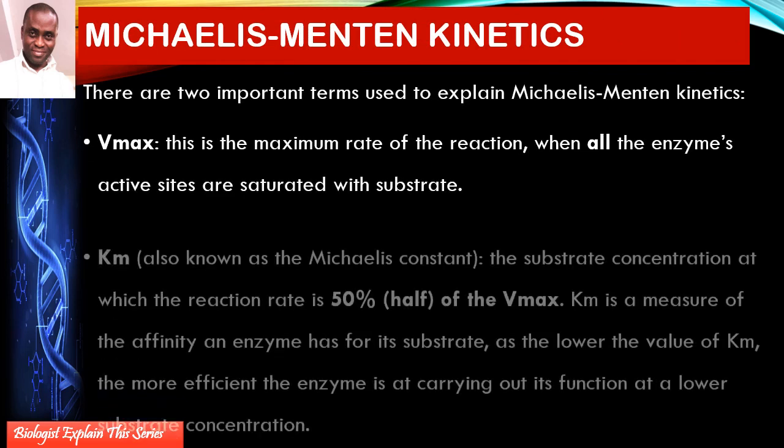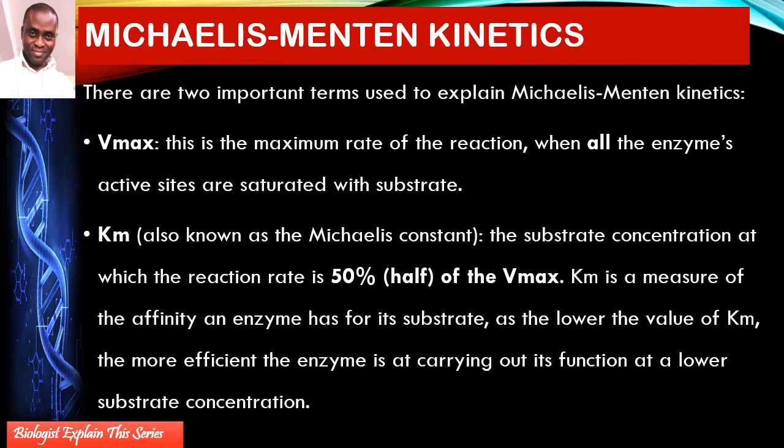Now, still on Michaelis-Menten kinetics, there are two important variables or factors that we discuss under these kinetics. First is the concept of the Vmax. Of course, you're familiar with V from your physics studies under motion. V talks about speed. If it's a scalar, it talks about speed, and if it's a vector, it talks about velocity. Vmax is the maximum rate of a reaction when all the enzyme's active sites are saturated with substrate. Remember our previous explanation in previous slides.